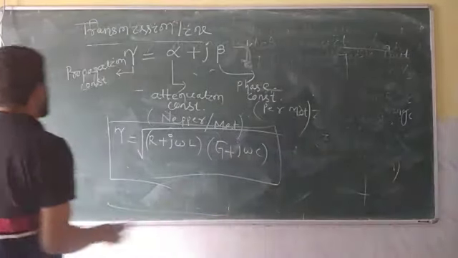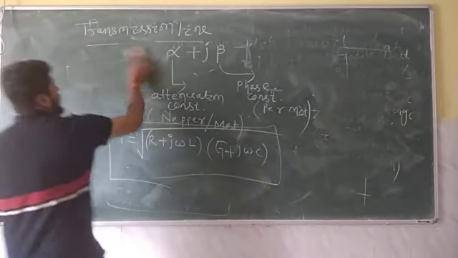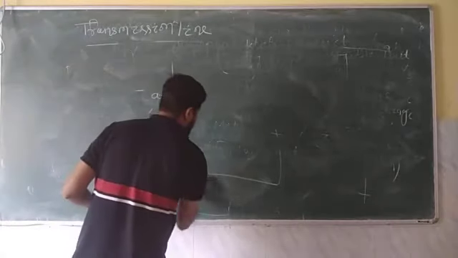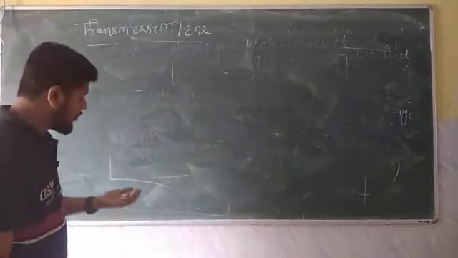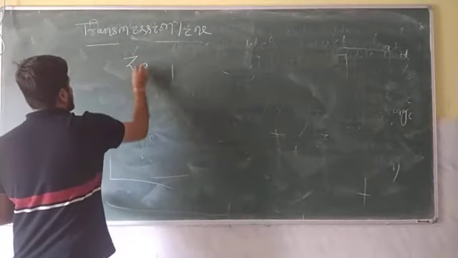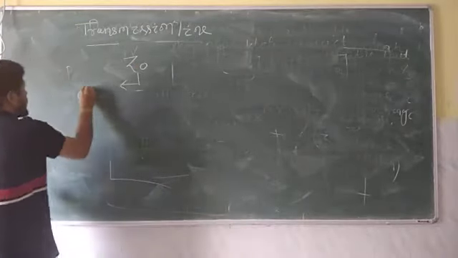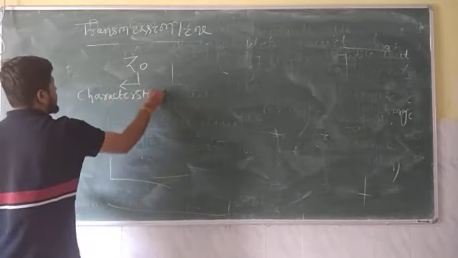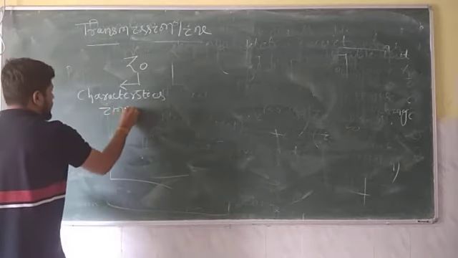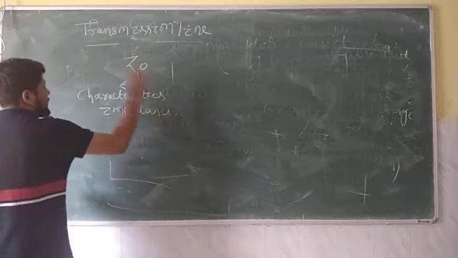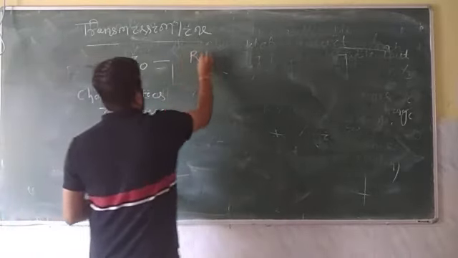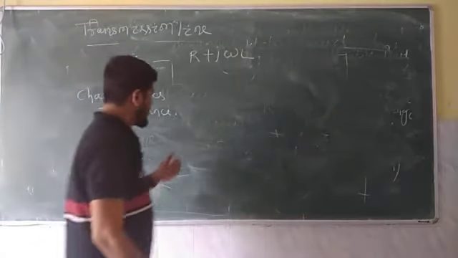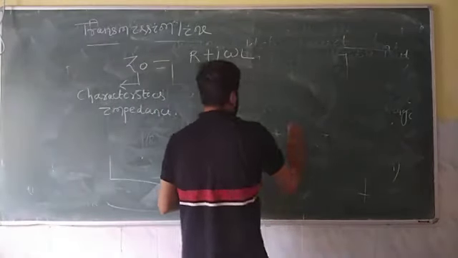The next we will see another secondary parameter. Gamma and Z0 are your secondary constants. Another secondary parameter is your characteristic impedance Z0, which is equal to root over R plus j omega L, and why am I writing this as R plus j omega L? Because of this.